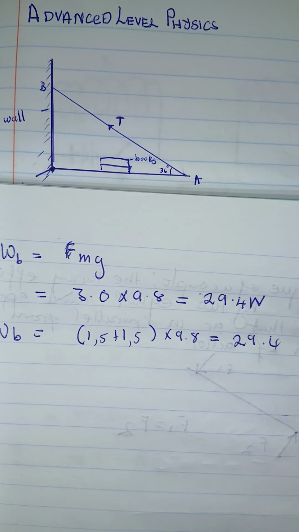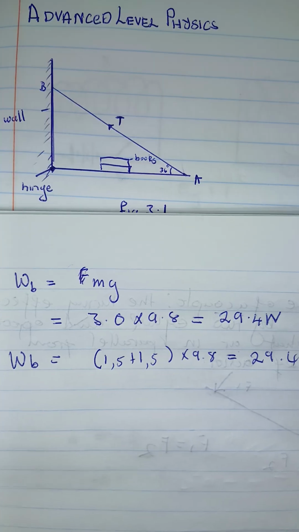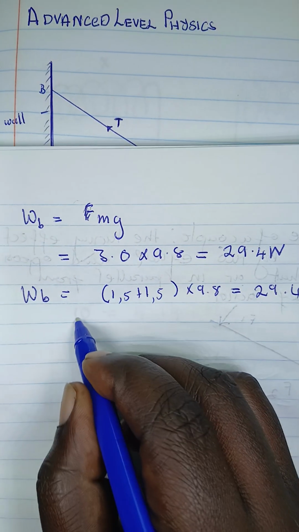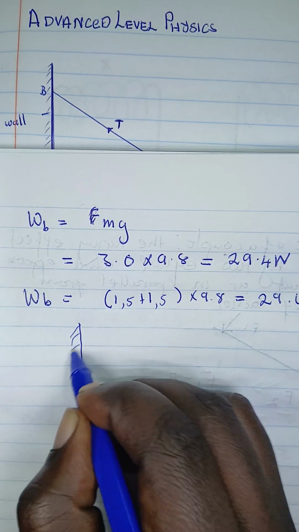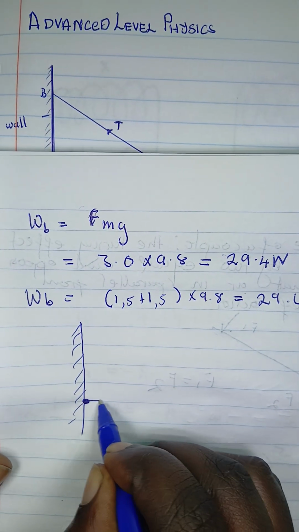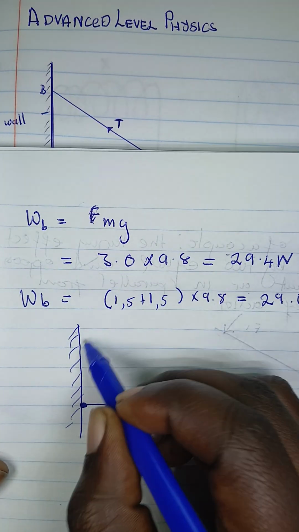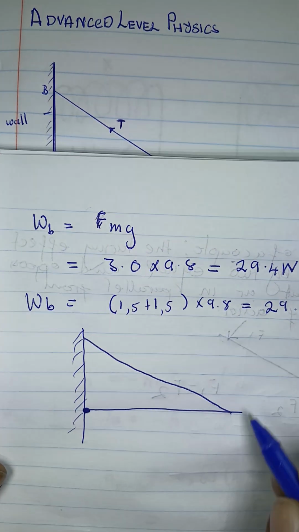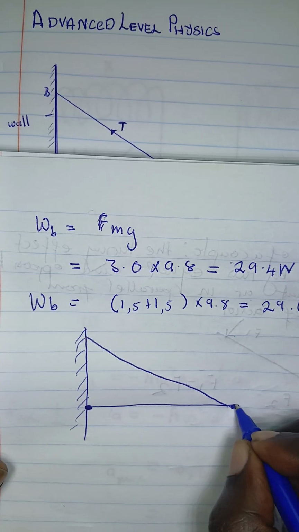So let's draw a diagram of this information. Our diagram has a wall, then you have a hinge here, then a board, then a string touching the board here.